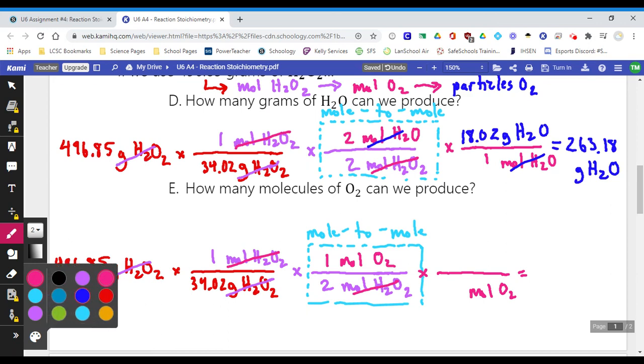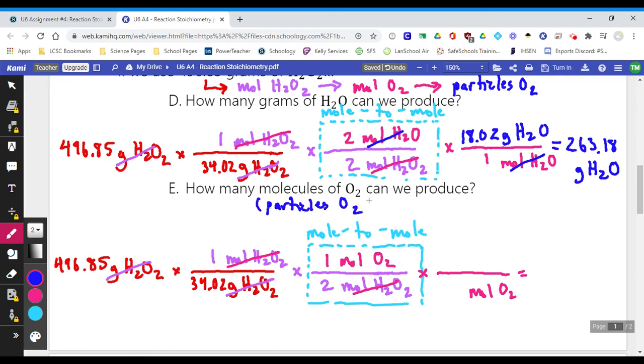Molecules is just another word for particles of O2. So let's put that up here. Oh, I'm going to need a bigger fraction bar. Particles of O2. Let's stretch this out a little bit.